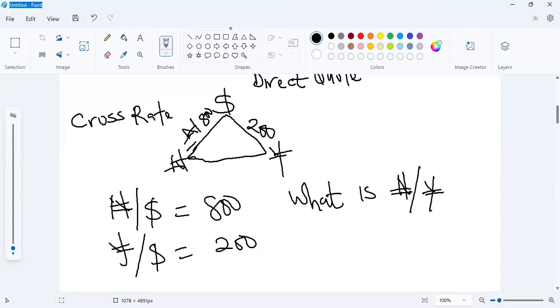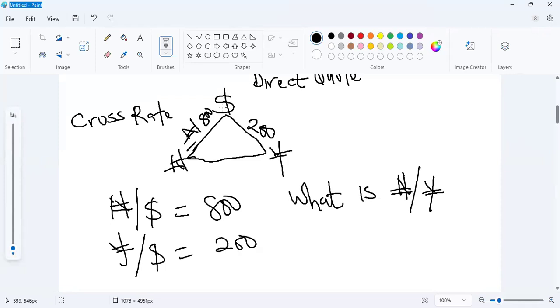There's a relationship between naira and dollar. There's a relationship between Japanese yen and dollar. But there's no relationship between naira and Japanese yen. So we now look for the cross rates.